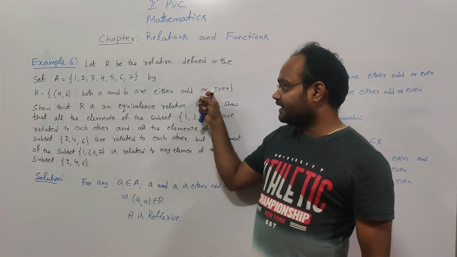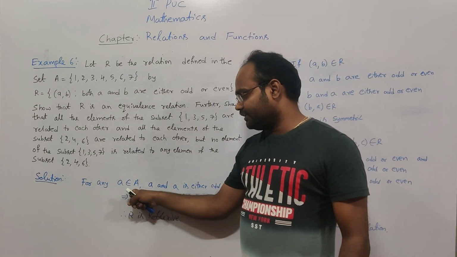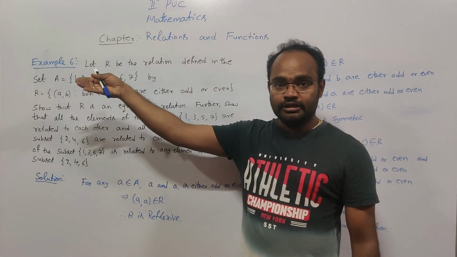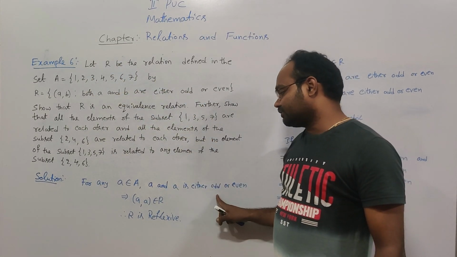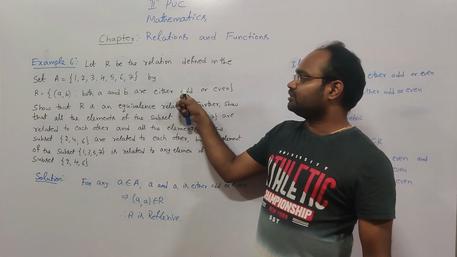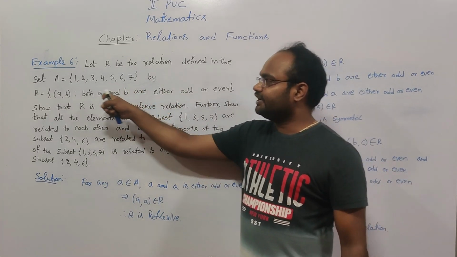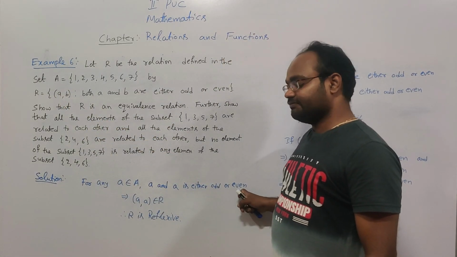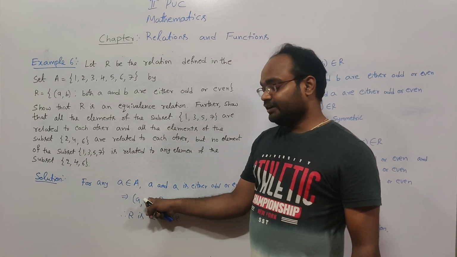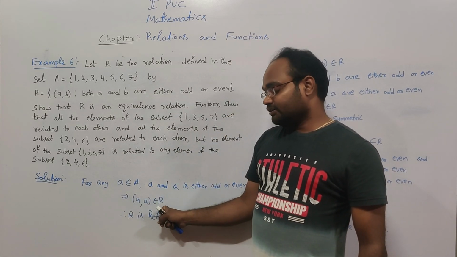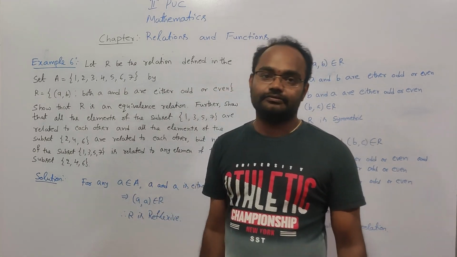So it satisfies the condition: for any A, (A, A) is either odd or even. If A and B are either both odd or both even, (A, B) belongs to R. Therefore (A, A) belongs to R, so R is reflexive.